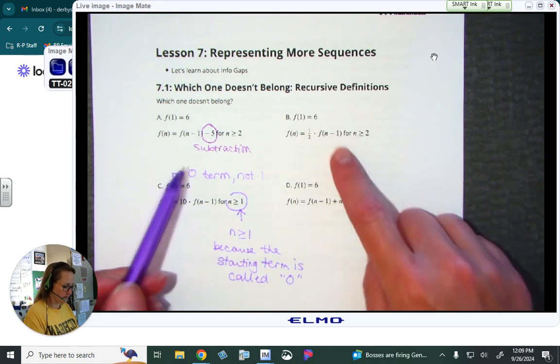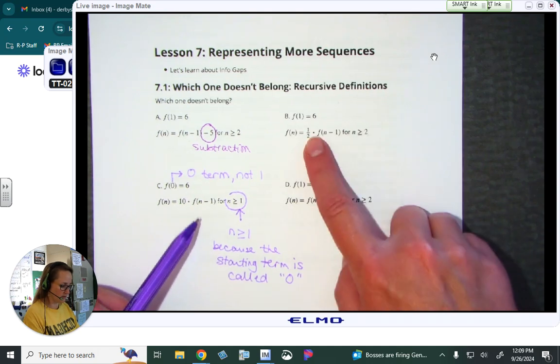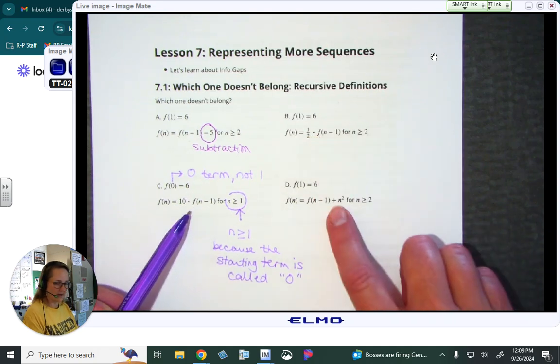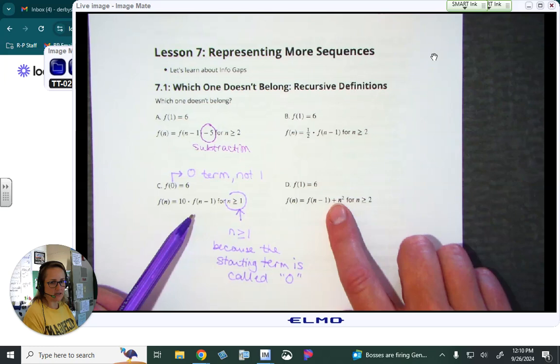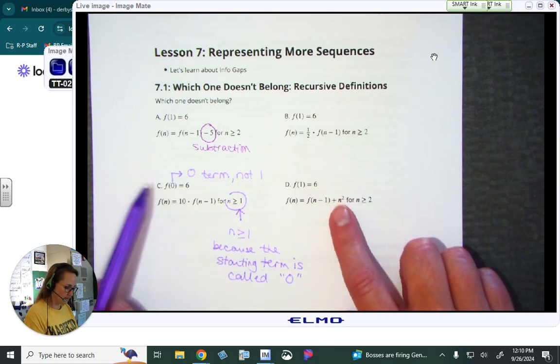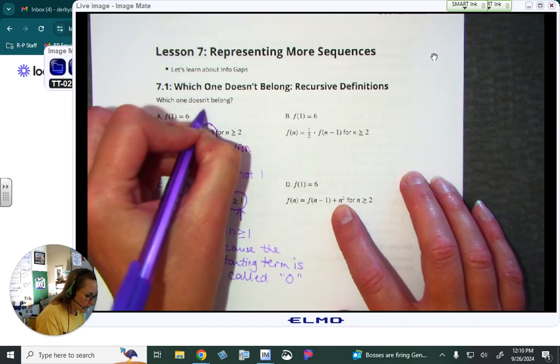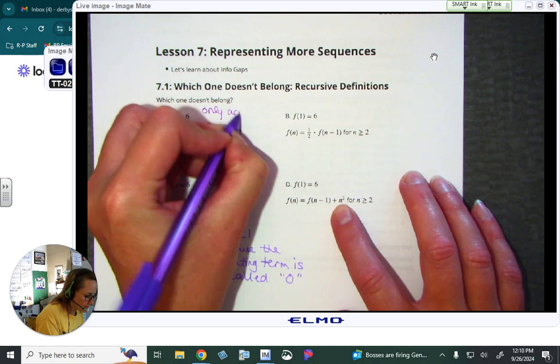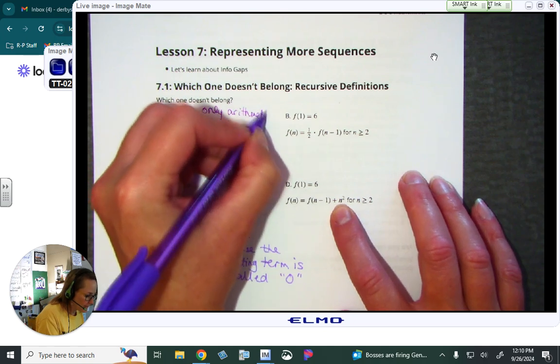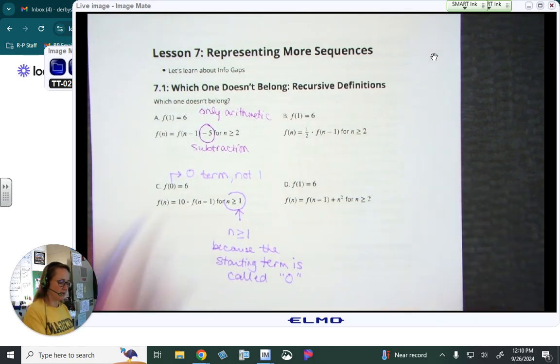And so because everything else is either multiplying or adding something different each time, we'll talk about this one next. This is our only arithmetic. It is our only arithmetic sequence.